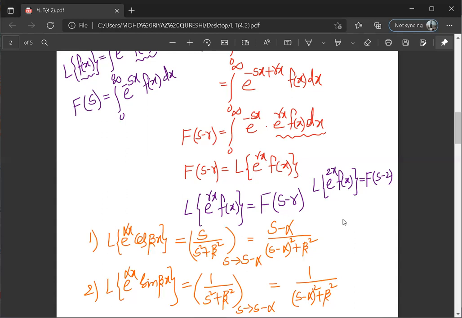Only this one is online. Other classes are offline, in person. We were doing 4.7, initial value problems with piecewise continuous non-homogeneous terms. Okay, no problem. Have you completed these two examples?